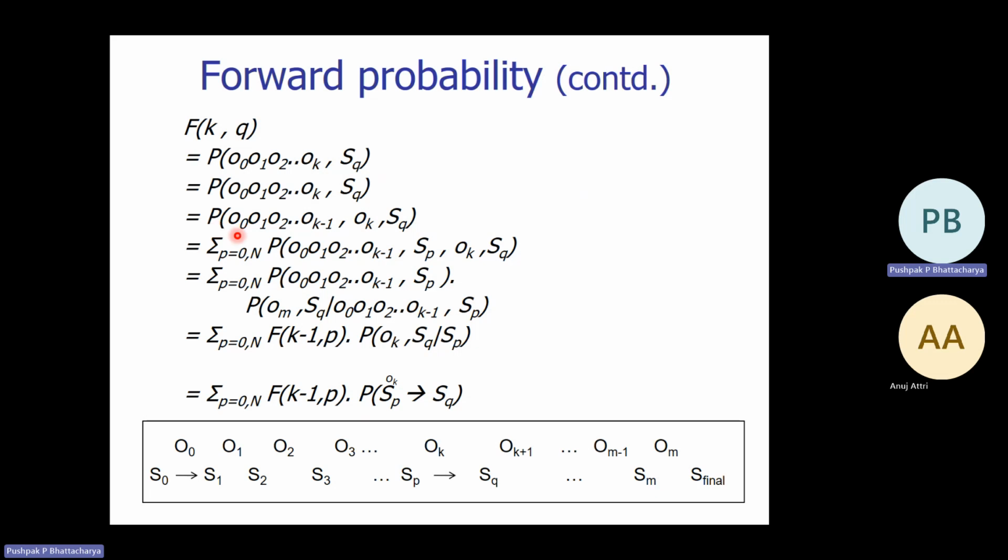Now, what I do is that I isolate Ok and shorten the length of the prefix by one symbol. So probability of O0, O1, O2 up to Ok minus 1, Ok, Sq. Now I use marginalization. Marginalization and Markov assumption are invoked all the time in hidden Markov model-based computation.